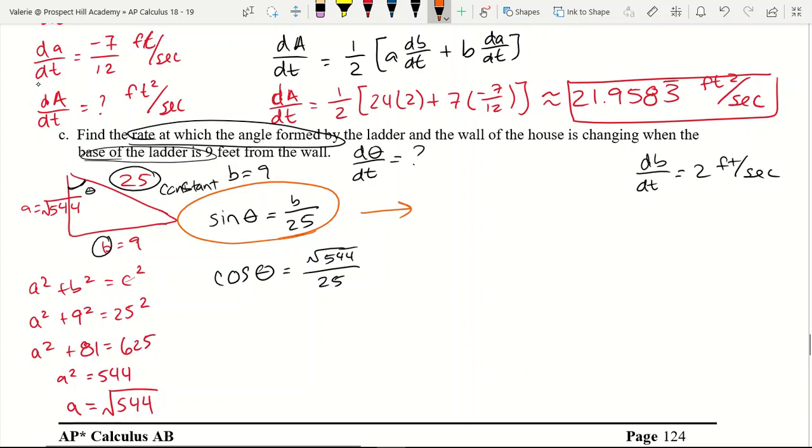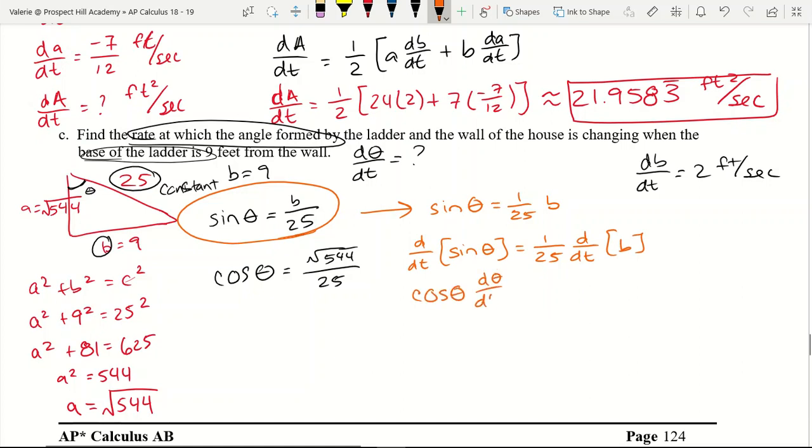So I'm going to rewrite that as sine theta equals 1 over 25 times b. And then I'm going to differentiate that. So I want d/dt of sine theta equals 1 over 25 d/dt of b. So the derivative of sine theta is going to give me cosine theta d theta/dt equals 1 over 25 times 1 dB/dt. Okay.